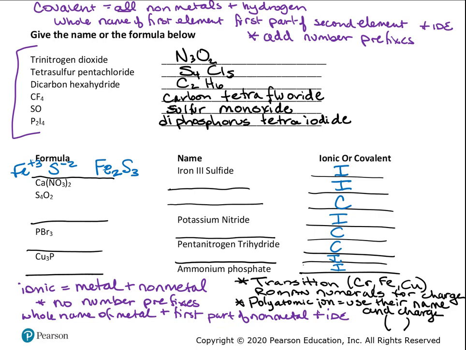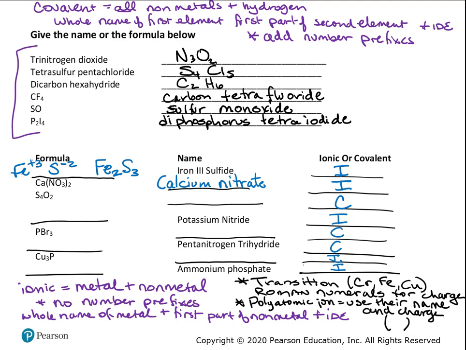Okay, next one is ionic. It's CaNO3 parentheses 2. So what's its name? Calcium nitrate. So NO3, you have to recognize that that is the nitrate ion. And remember that you just use its name.